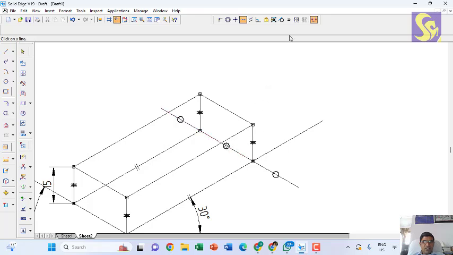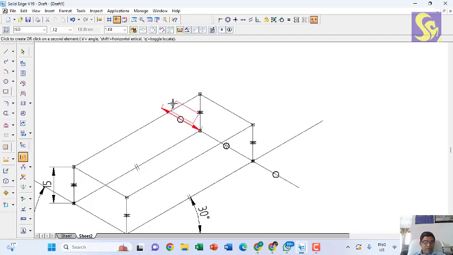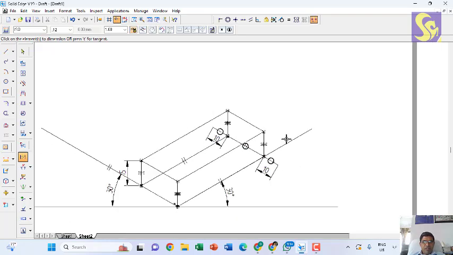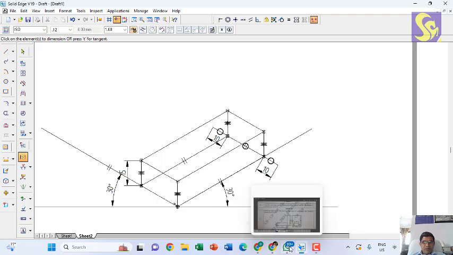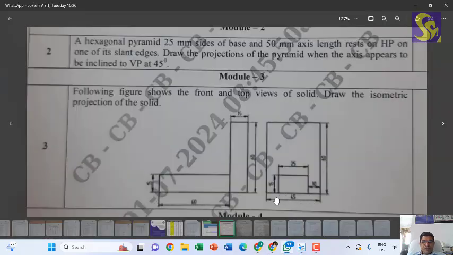This collinear with this, and the length of these two I have to maintain 10 mm. This also 10 mm. So that from here to here it is 25 plus 10, 35, plus 10, 45. Okay, so this has been taken care of.